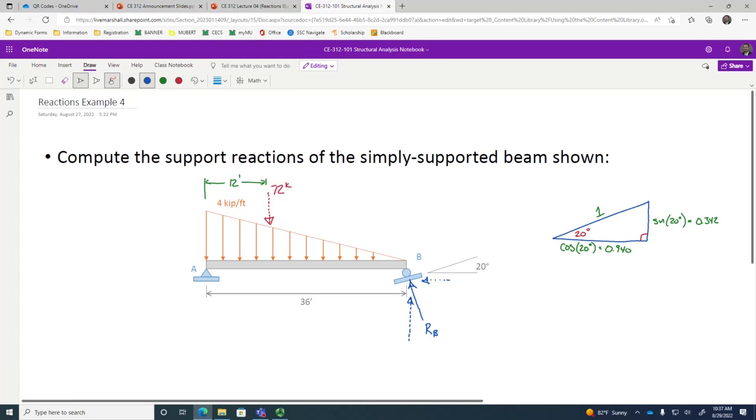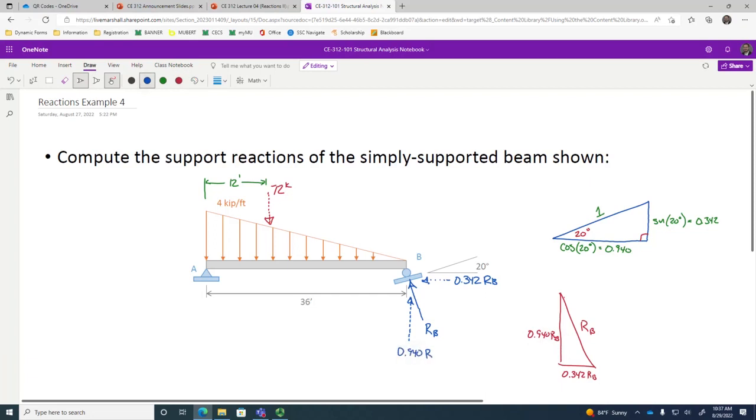Here's the horizontal here, but when we flip, that's going to go vertical. This is going to be 0.342 RB. Because what we've got over here is a triangle that looks like that, right? This is RB, so the horizontal is going to be 0.342 RB, and the vertical is going to be 0.940 RB.